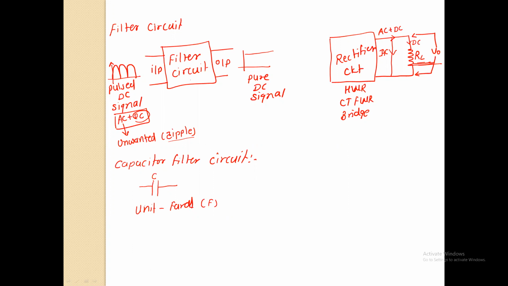Now these two plates of a capacitor act as a positive and a negative terminal in the circuit, and these two plates are separated by a dielectric medium, and this medium will store the electric energy in the form of electrostatic field. So the function of a capacitor is to store the energy in the form of electrostatic field, and as and when required, return that energy to the load resistor RL.